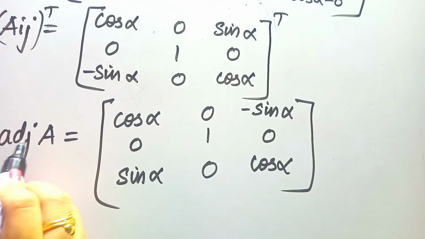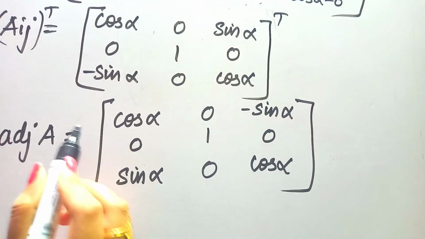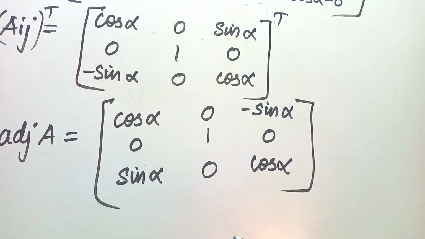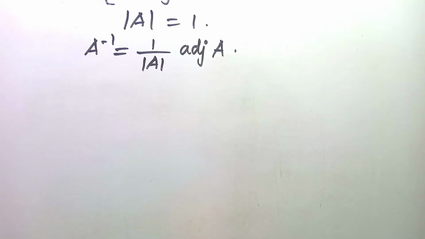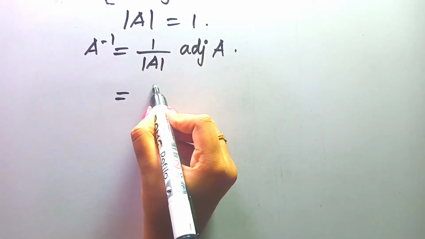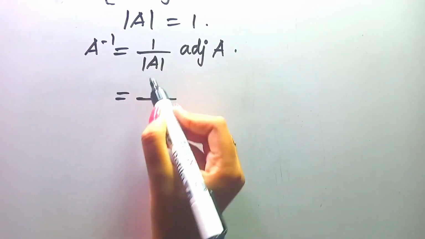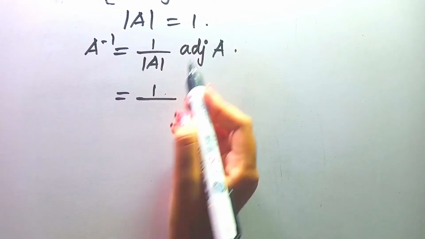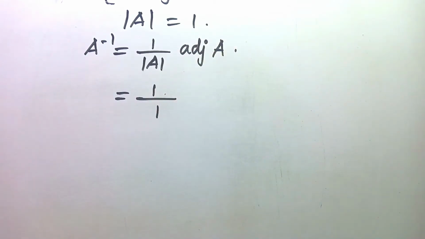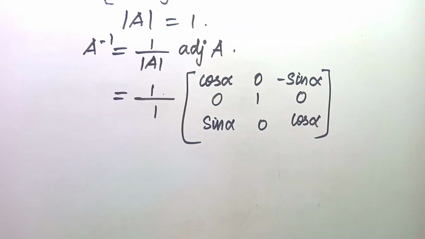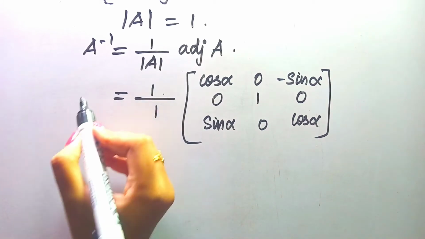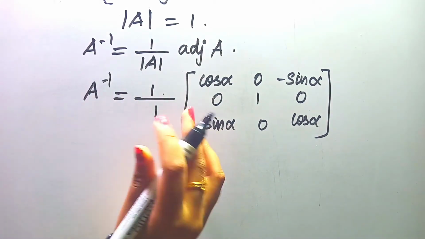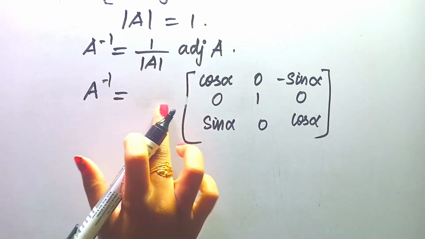So now we have found adjoint of A, and now we have to substitute adjoint of A in the formula of A inverse. Here it will be 1 divided by the value of determinant of A, which is 1, and then we substitute the value of adjoint A, and therefore our A inverse will be, 1 divided by 1, it will have no value.